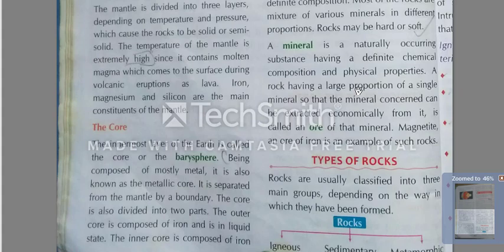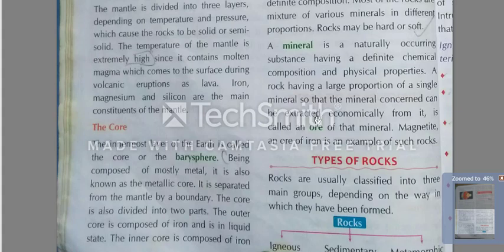So that the mineral concerned, we can write here related, R-E-L-A-T-E-D, can be extracted economically from it. Extracted means nikalna. We can also say mention, M-E-N-T-I-O-N.